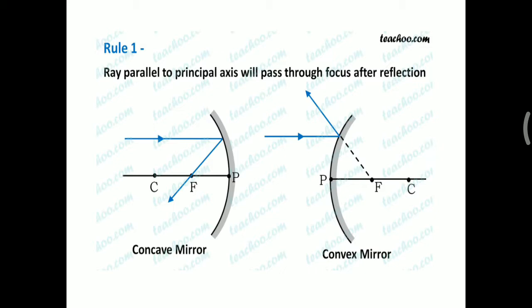When a ray of light parallel to the principal axis is reflected, it will pass through the focus. But in a convex mirror, I drew dotted lines because the focus and center of curvature are behind the mirror, and it always forms a virtual and erect image. It forms a virtual and erect image, so we have to draw the line in a dotted way.